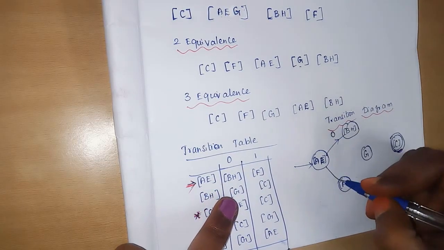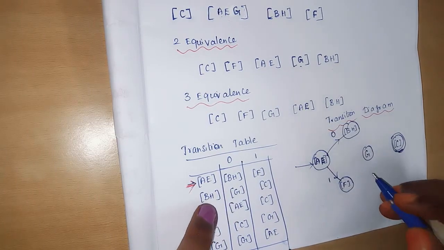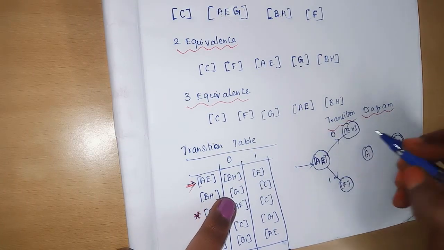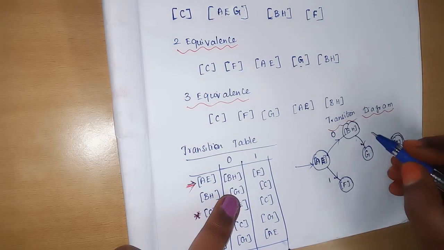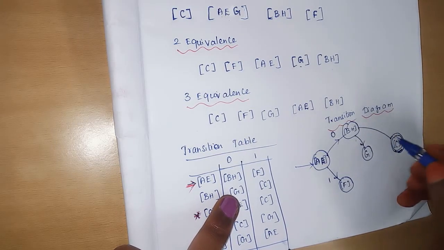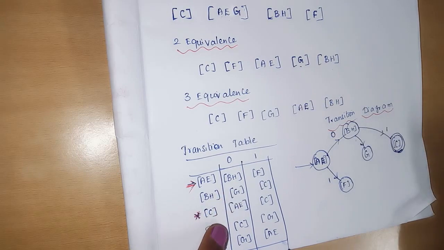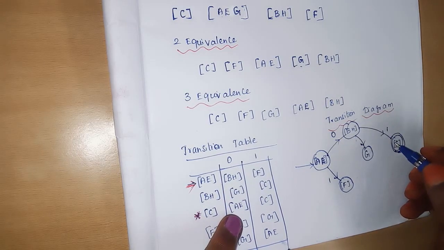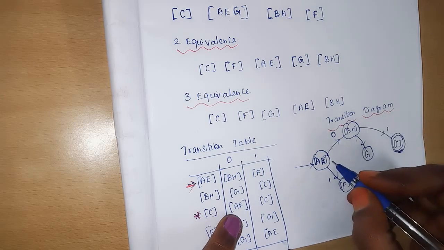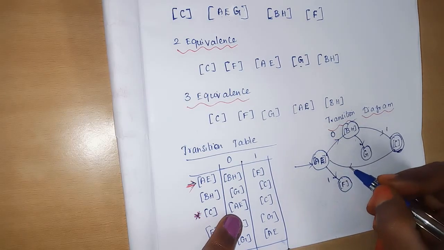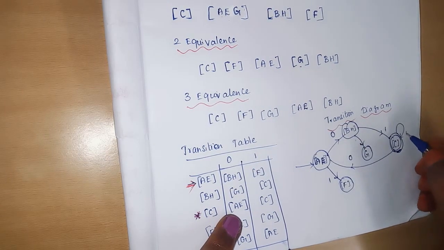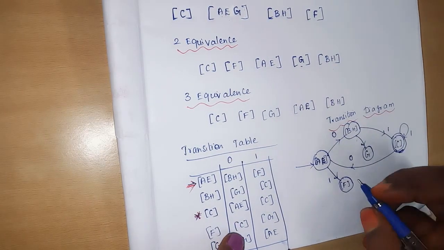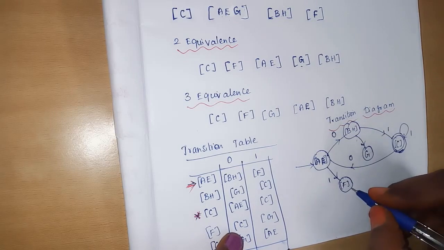On 1 it is going to F. On BH, on 0 it is going to G. On 1 it is going to C. On C, on 0 it is going to AE. On 1 the self state. Okay.